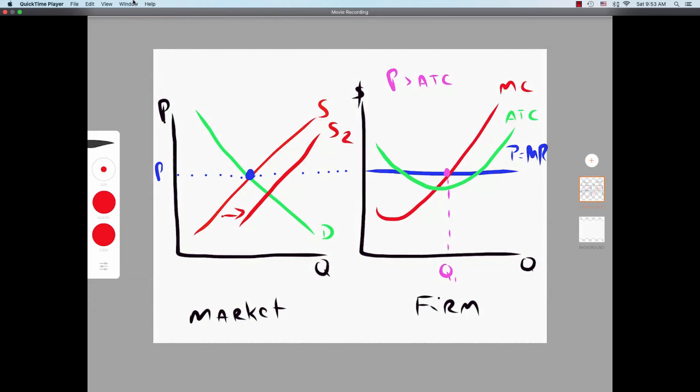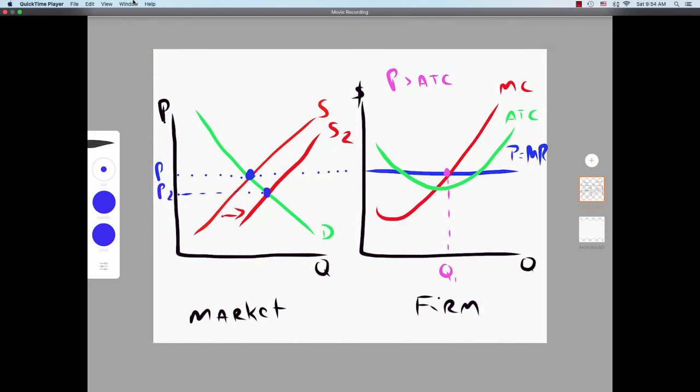And so we have this shift in supply to the right that increases supply, but look what happens to price. Now, the new equilibrium price is here. Call this P2. P2 is lower than P1, and so this is bad for the profit maximizing firm because that firm is a price taker.